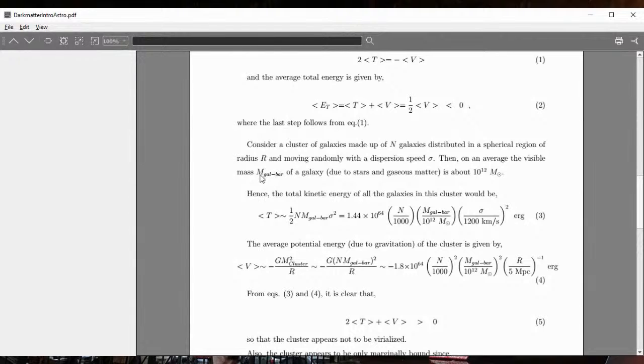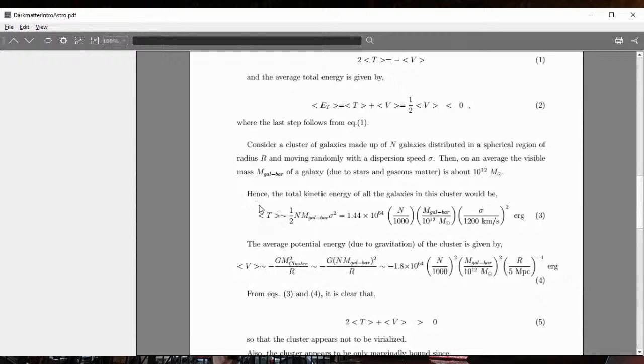So here m_gal-bar represents the average baryonic mass of a galaxy. And typically, the average baryonic mass of a largish galaxy, like an elliptical galaxy, will be 10 raised to power 12 times mass of the sun. That is typically the baryonic mass of a galaxy.